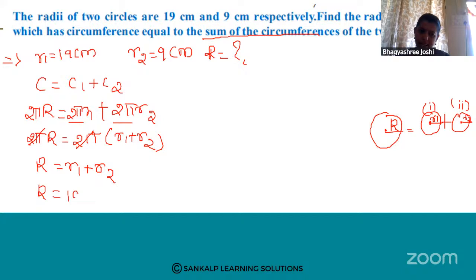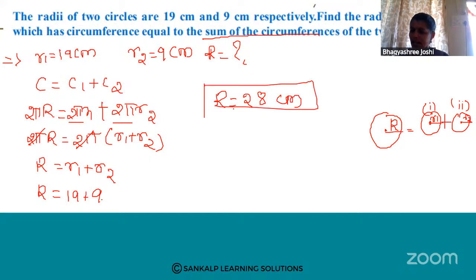R1 value is 19 plus R2 value is 9. 19 plus 9, R value is 28 centimeter. So this is the radius of the big circle. Here, circumference they have given. In the previous problem, area they have given. According to that, we have to take the formula.